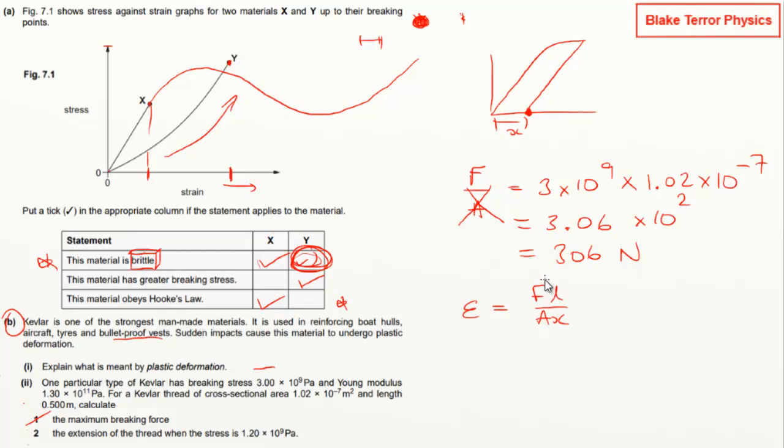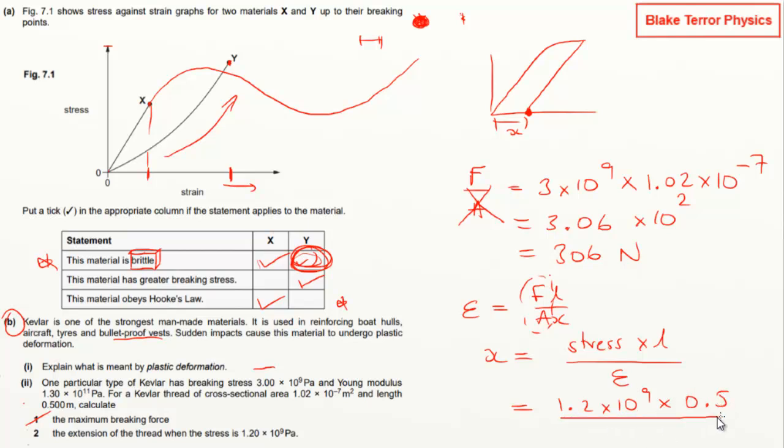So where this bit here is our stress, the extension is going to be stress multiplied by length divided by Young's modulus. The stress they've given at 1.2 times 10 to the 9, the length they've given at 0.5, and Young's modulus they've given as 1.3 times 10 to the 11.